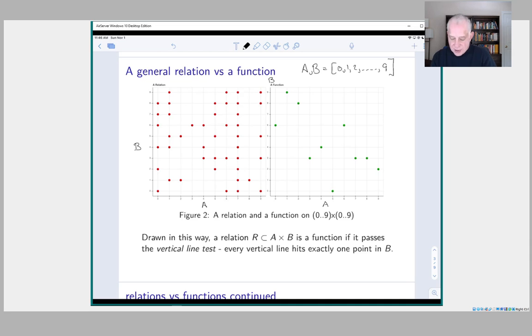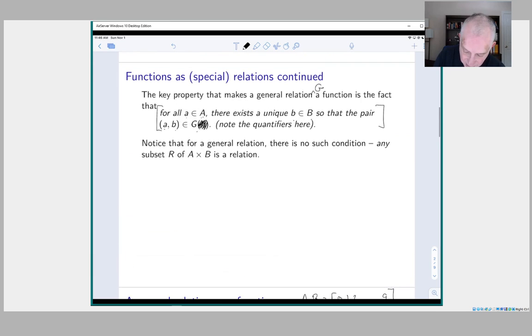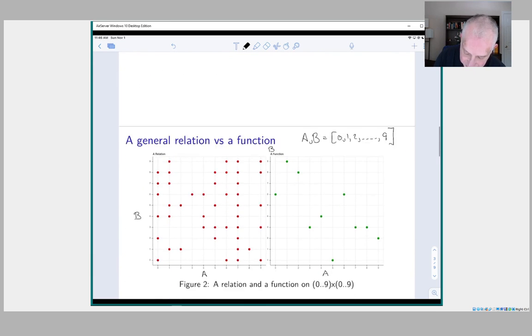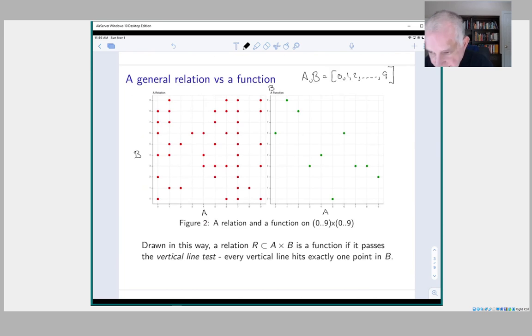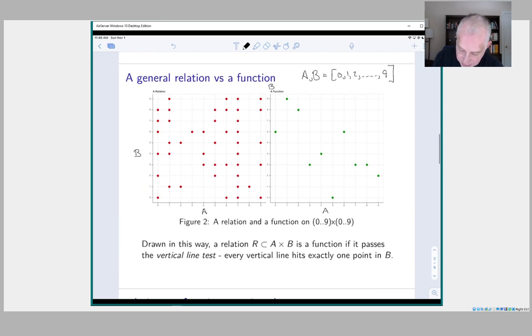Remember, the condition from the previous slide that makes the green dots a function is: for every a in A, there exists a unique b in B so that (a, b) is in the set G.